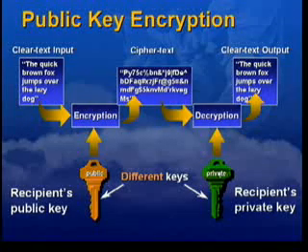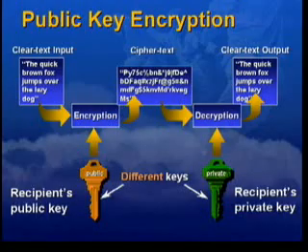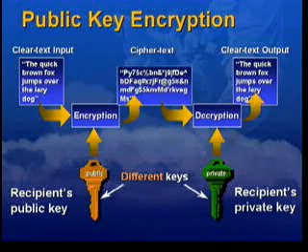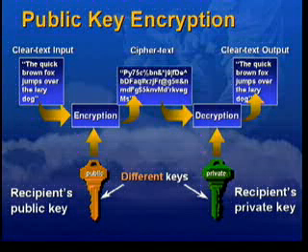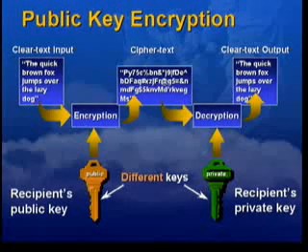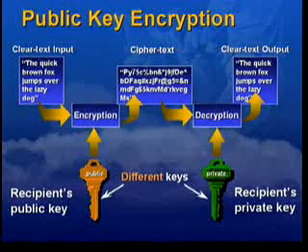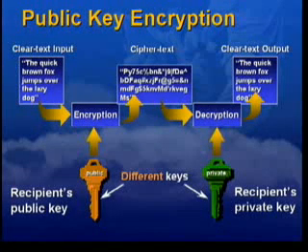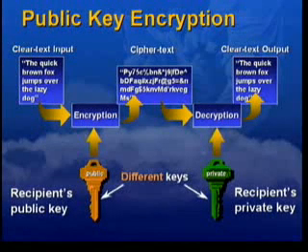Notice here that in order to communicate between any two users, you have to have a set of two keys. So if you have 1,000 users, you need to manage 2,000 keys. In the previous case, with symmetric encryption, for each set of users that you want to communicate, you have to have the same key.